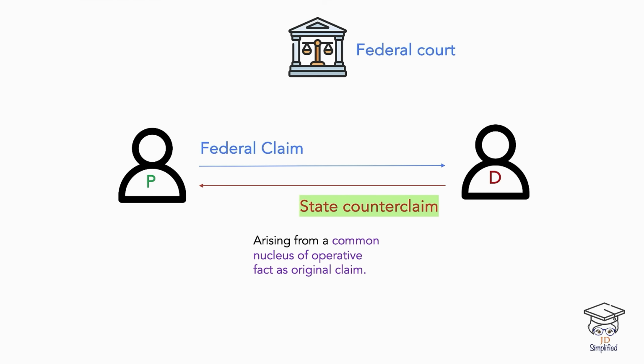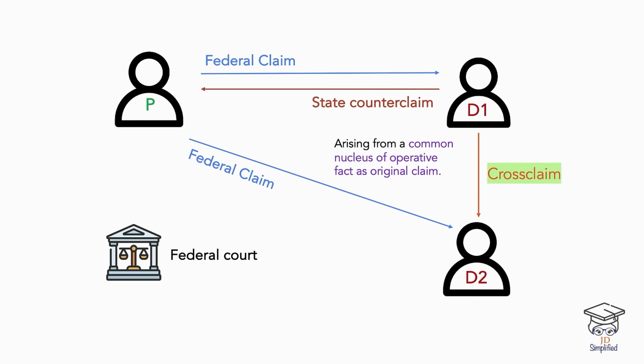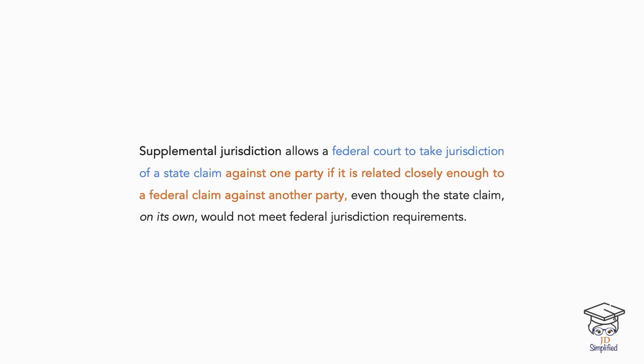If a counterclaim grounded on state law derives from a common nucleus of operative fact as the federal claim properly before federal court, then the court might be able to exercise supplemental jurisdiction over it. Same for cross-claims between co-defendants or co-plaintiffs. Supplemental jurisdiction allows a federal court to take jurisdiction of a state law claim against one party if it were related closely enough to a federal claim against another party, even though there was no independent jurisdictional basis for the state claim.